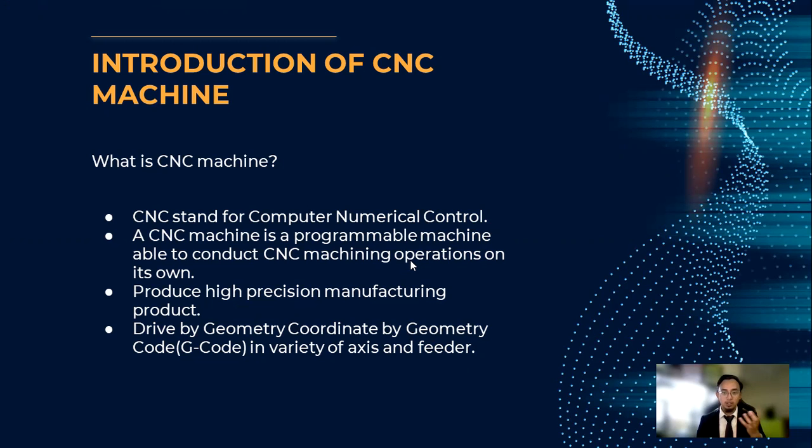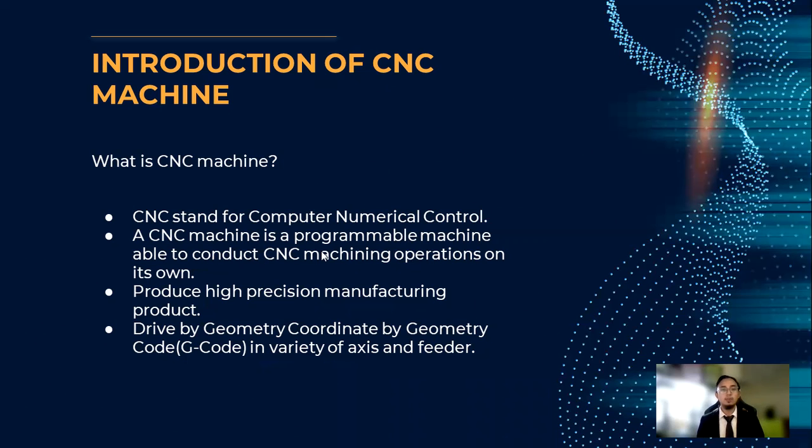With the technologies nowadays, the NC can be keyed in by the computer. So the computer programs the G code and arranges the G code, so CNC is created. CNC stands for Computer Numerical Control.